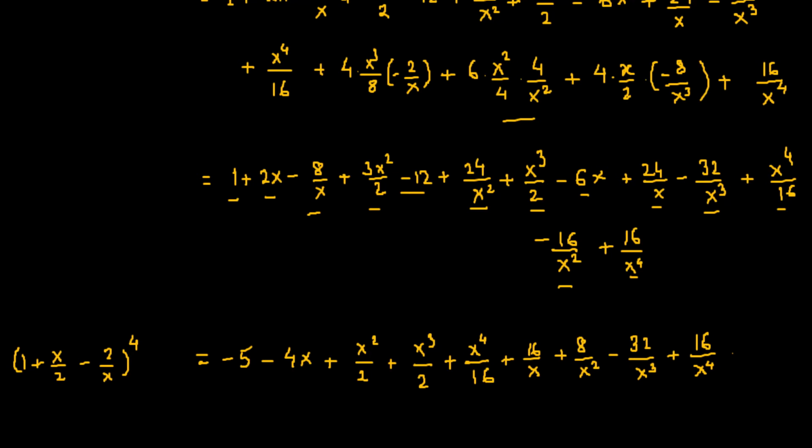Okay, I think we have a pretty good hold over the problems right now. So let's do a few more problems. Okay, so what we have to do is find the expansion of (3x squared minus 2ax plus 3a squared) to the power 3 using the binomial theorem.